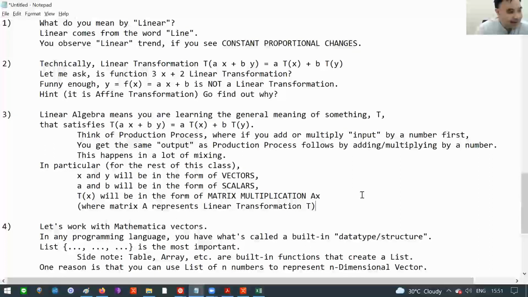But it only makes sense if your data comes from this kind of mixing process. If your data comes from some other process, linear transformation will not work. Okay? So that's the first thing you need to know.